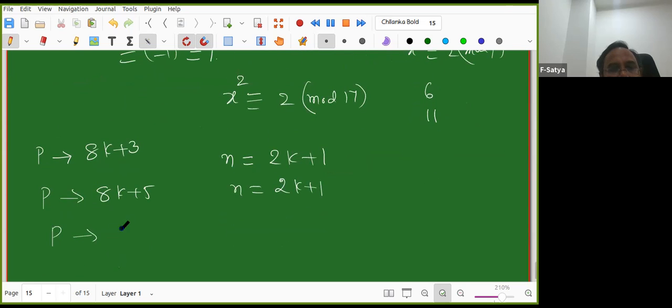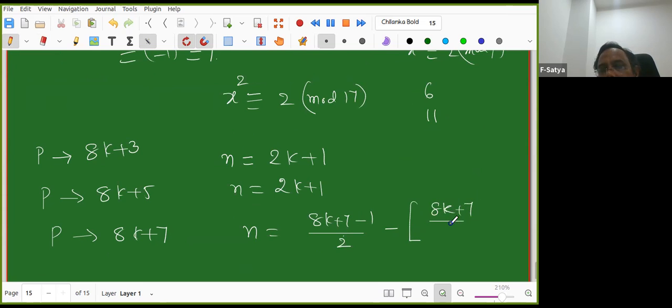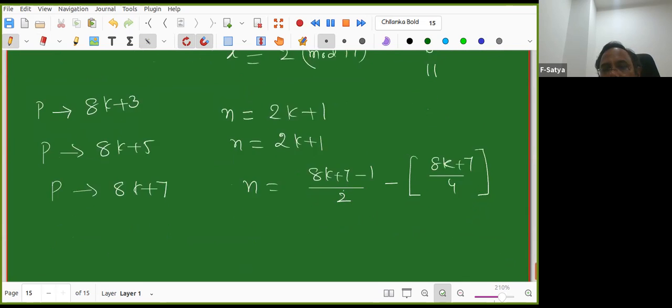So when p is of the form 8k plus 7, let us work out this. One case: (8k plus 7 minus 1) by 2 minus p by 4, that is 8k plus 7 by 4.